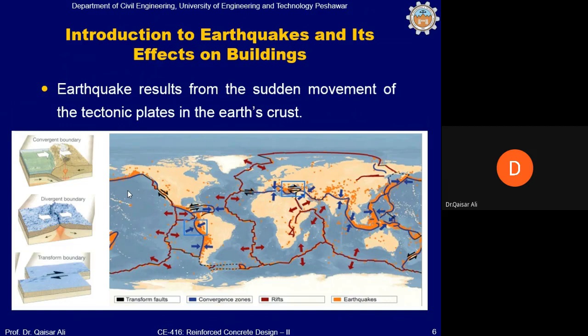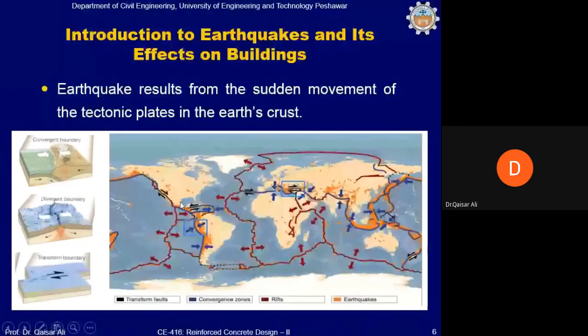And while these movements are taking place, somewhere the plates are converging toward each other, colliding in a head-on collision. At some points, they are moving away from each other, and somewhere they are sliding against each other.